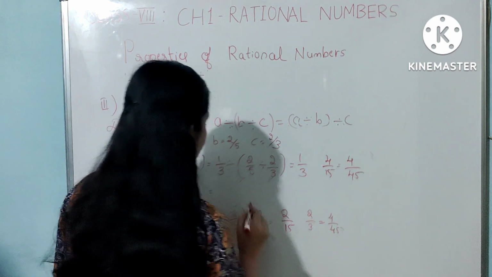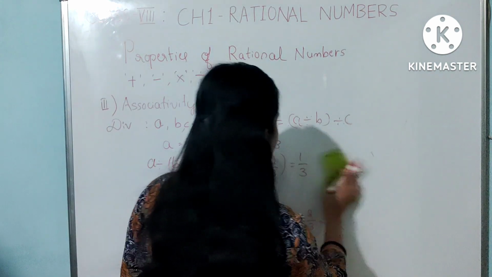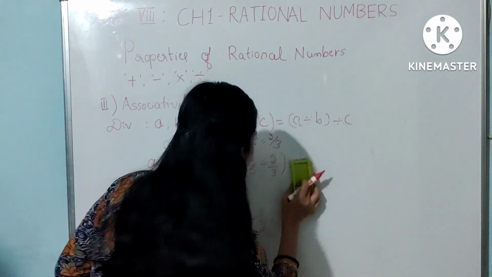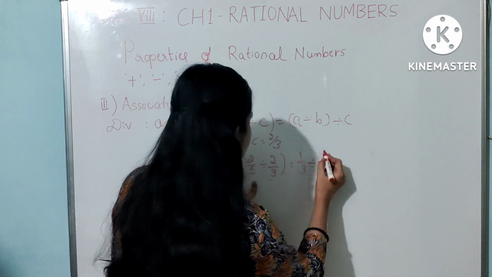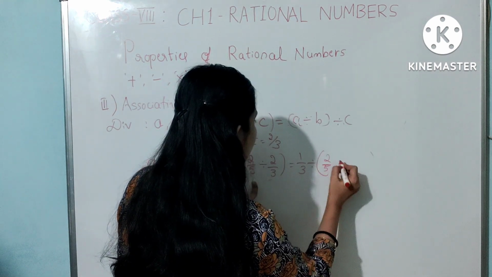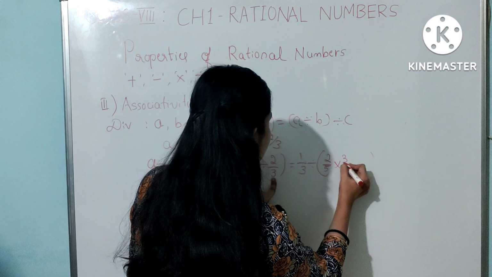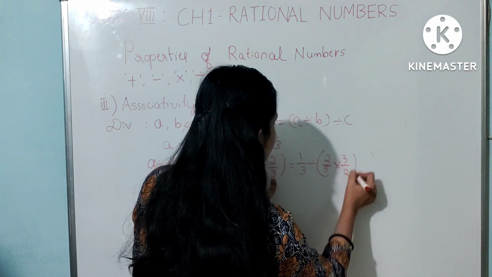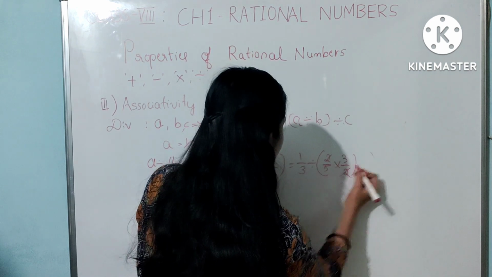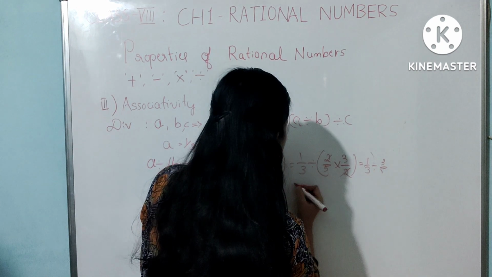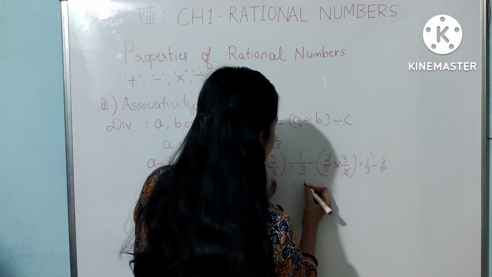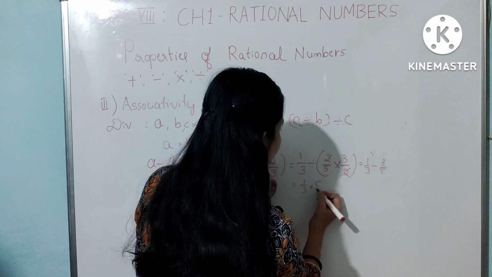Okay, let's calculate this quickly. 1 by 3 divided by 2 by 5. Reciprocal of 2 by 3 is 3 by 2. Right? So 2 gets cancelled. 1 by 3 divided by 3 by 5, which is equal to 1 by 3 into 5 by 3.